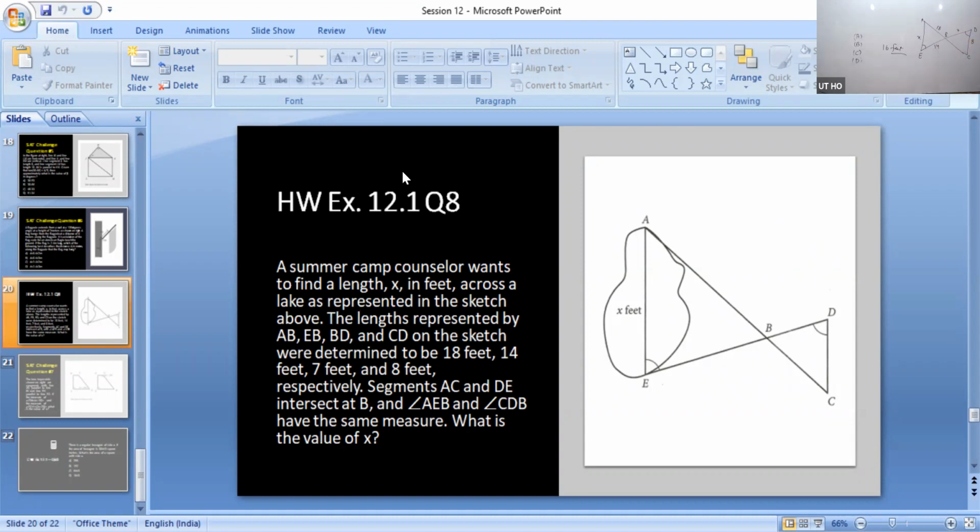BC will be 9. So it's, yes sir, 16 feet. You are getting 18, I'm getting 16. I didn't get 18 feet. Calculation check करना. Aman, 16. Yes, sir, 16. Okay, very good.